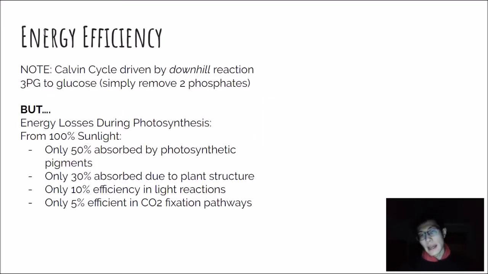If we look at the Calvin cycle as a whole, and maybe the entirety of the light-dependent and light-independent reactions, there are problems with efficiency. There are energy losses during photosynthesis. If you have 100% of the sunlight coming in, only about 50% is absorbed by photosynthetic pigments, and then only 30% is used due to plant structure, and so on.